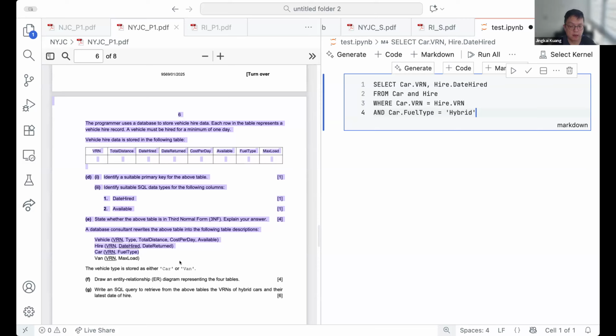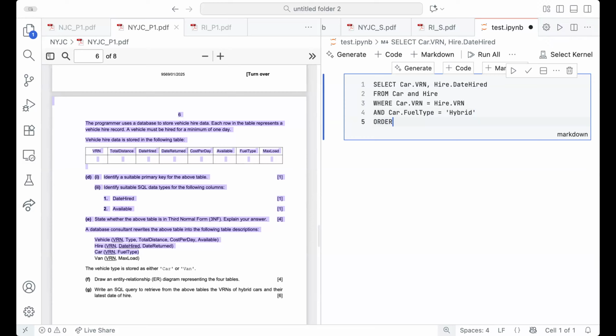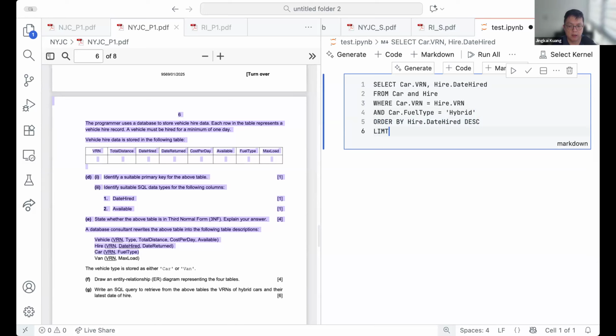I'm going to arrange them, so I will order by hire dot date hired, and I want the latest entry first, so I need descending. Then limit to 1. I hope you understand the logic, they only want the first entry. Actually, this one might be true also. You will only limit the... I think we have some problem. I don't know whether you'll catch the problem or not.